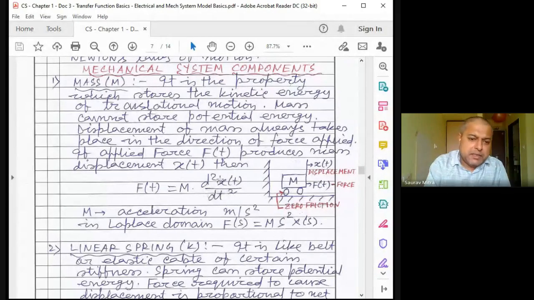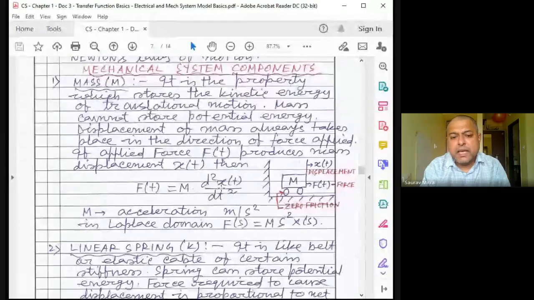So f(t) is equal to m into d2x/dt2. Can you understand that this is Newton's second law? What is d2x/dt2? x is nothing but displacement. You should write this down: if x is displacement, dx(t)/dt is velocity, and d2x(t)/dt2 is acceleration. Do you know this?